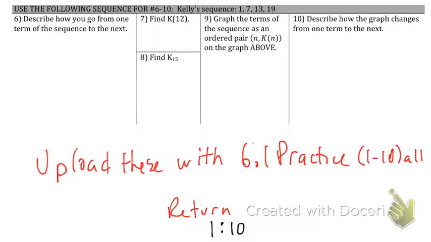All right. Number 6, describe how you go from one term of the sequence to the next. So let me write down the sequence real quick. And what you should have done here is notice that to go from one term to the next, you are going to be adding 6.